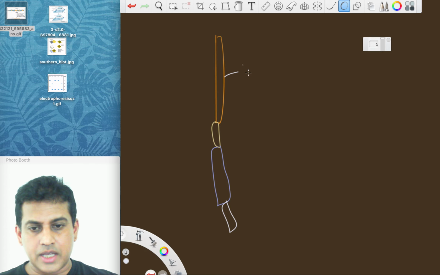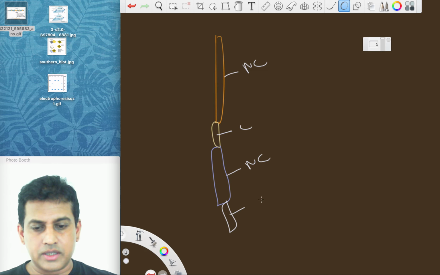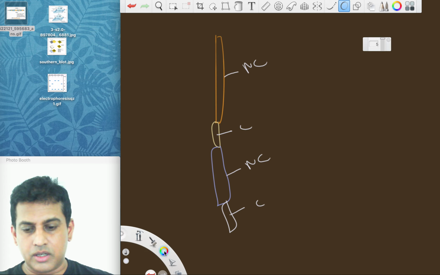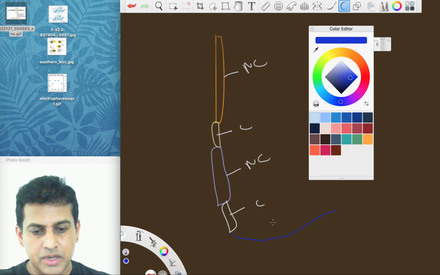So that's the non-coding, C for coding, that's non-coding, and that's coding. So likewise we have again, I can draw just to make some ideas. So again maybe have a large non-coding, so we have all the non-coding regions here.